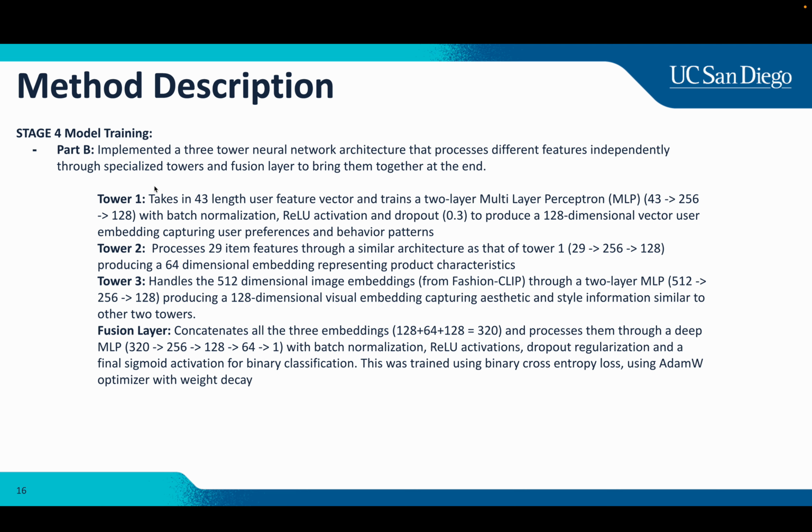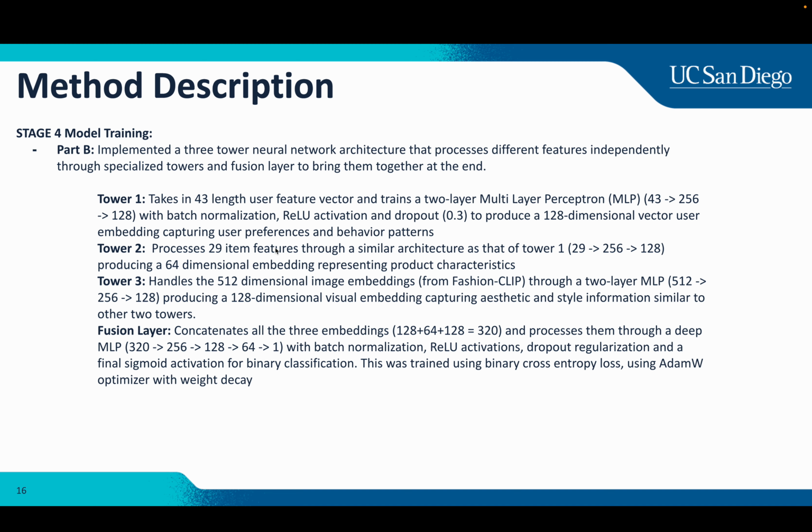So tower 1, or model 1, takes around 43 length user feature vectors and trains a two-layer multi-layer perceptron in this fashion, with batch normalization, ReLU activation, and a dropout of 0.3 to produce a 128 dimensional vector. So this is a user embedding which has hidden user preference semantics based on the user features.